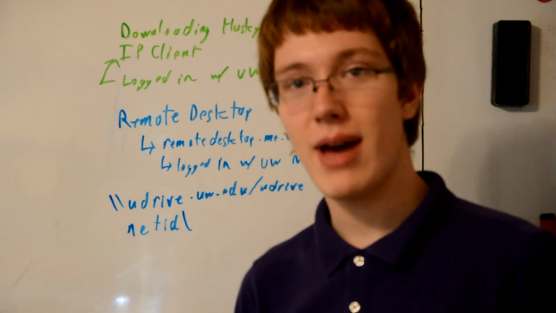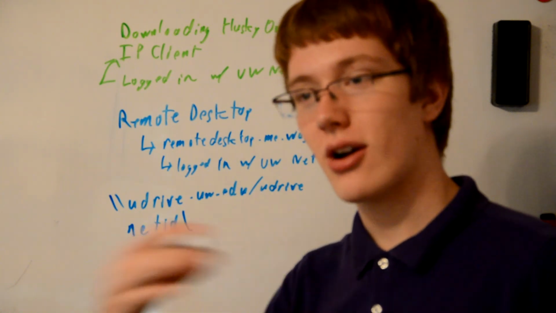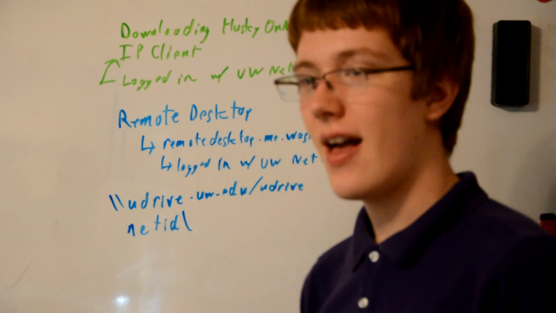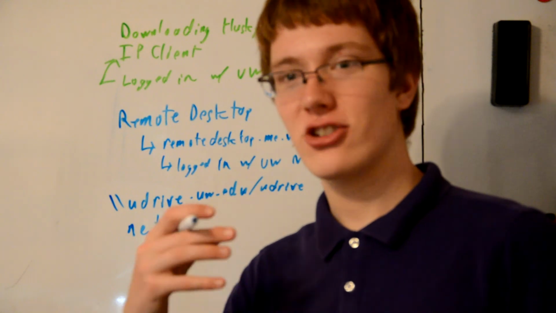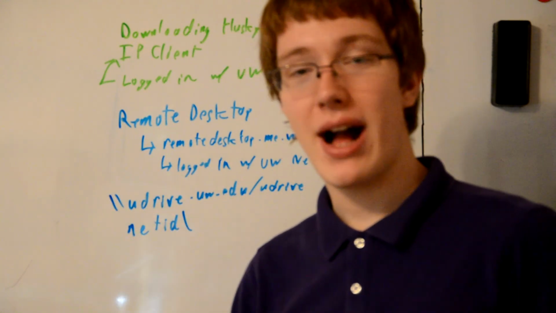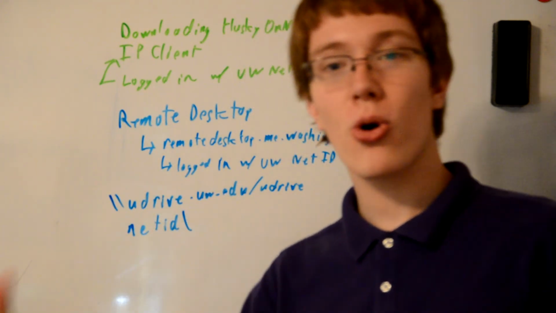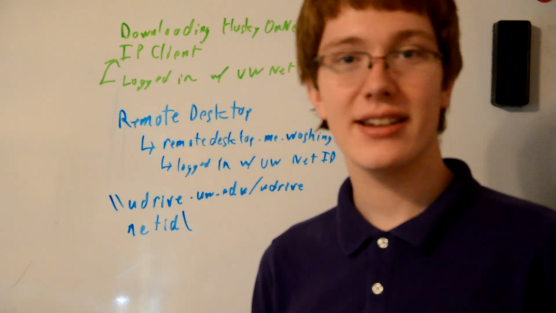That allowed us to map the U drive to our own personal computer so that we could access it wherever we had connection to the UW network, either on its own Wi-Fi or through the IP client.